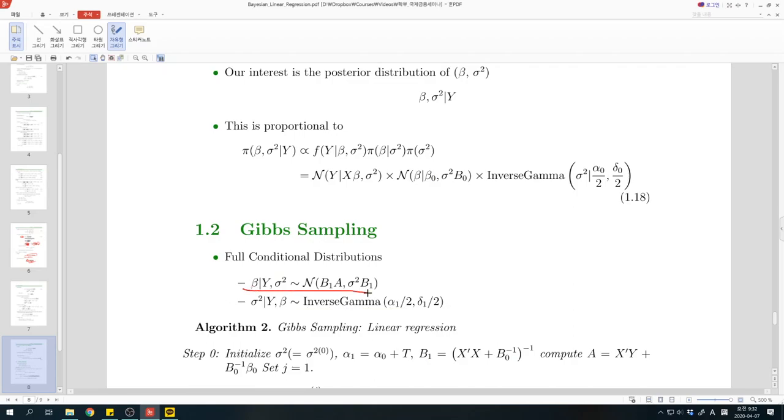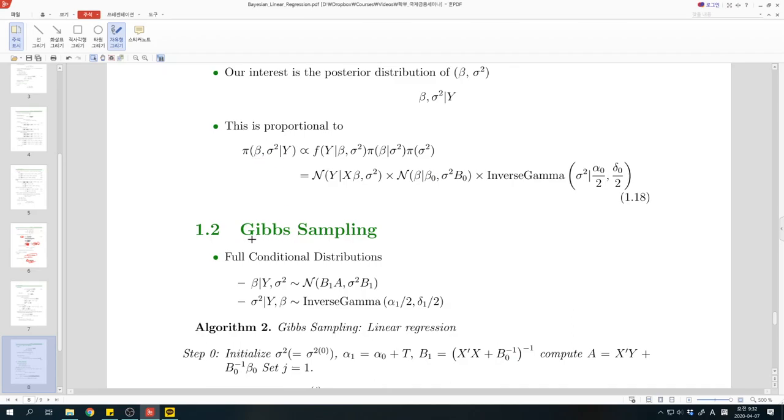We learned this from case 1 and case 2, right? And according to the Gibbs sampling method, if we simulate beta and sigma square alternately and many times, then we can get samples from the posterior distribution of beta and sigma square given y.